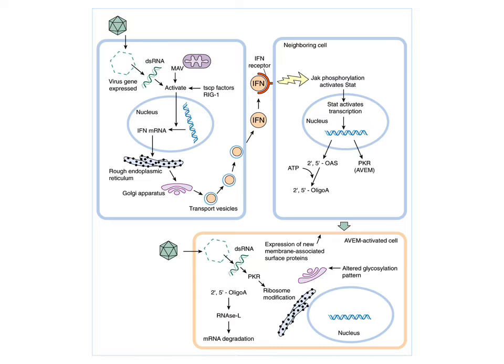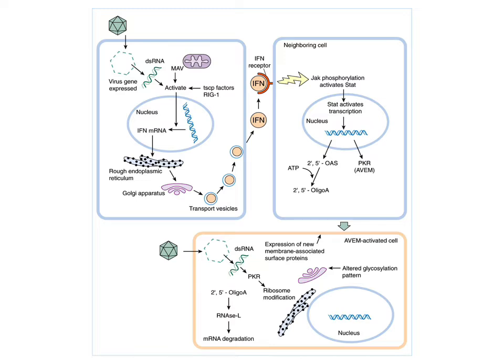It's going to have its effect on other cells. So the interferon is released from the infected cell. It binds to the appropriate interferon receptor on an uninfected cell, and then it creates the antiviral state. It's signaled to that cell to be prepared in case a virus should infect.